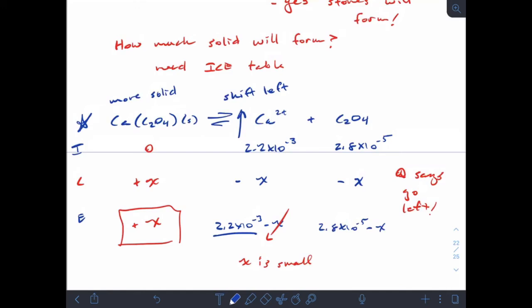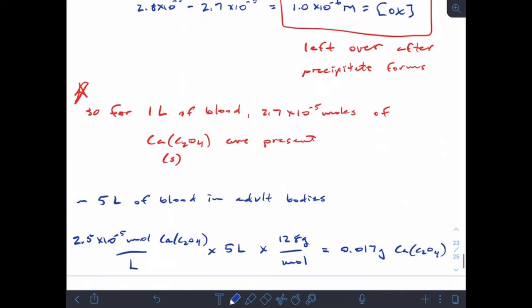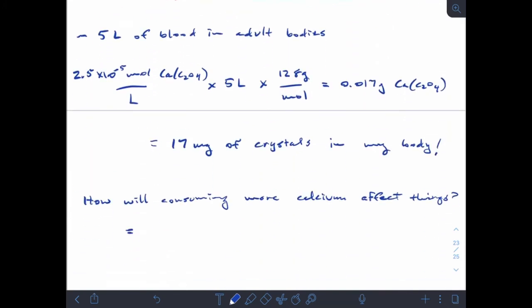So common ion effect, Le Chatelier, all go hand in hand. So if I have some kidney stones and I start increasing my calcium intake for whatever reason, the effect is that we get more precipitate. Or in this case, more crystals. Okay, so this is how common ion effect and solubility actually take place in the human body, right? There's a real life example.